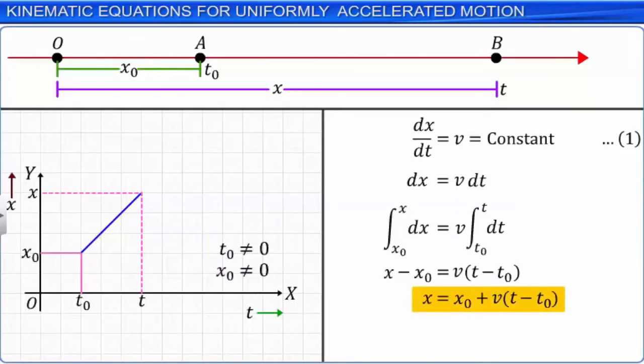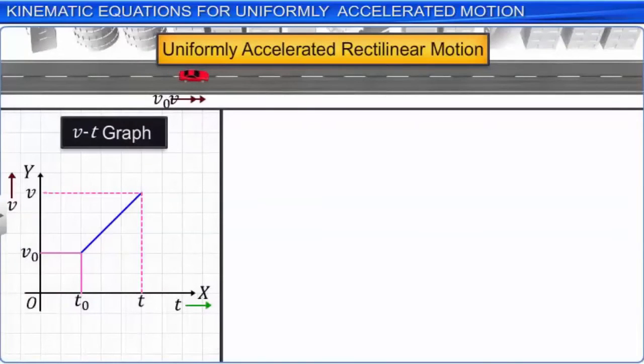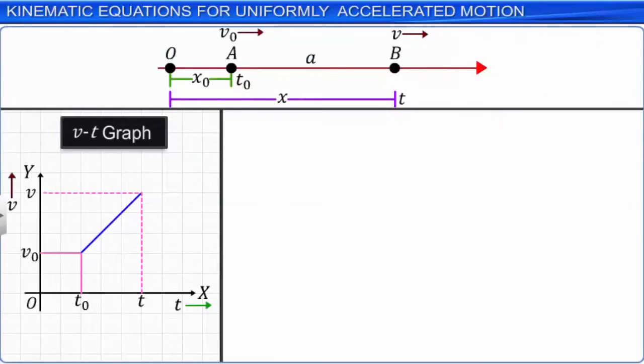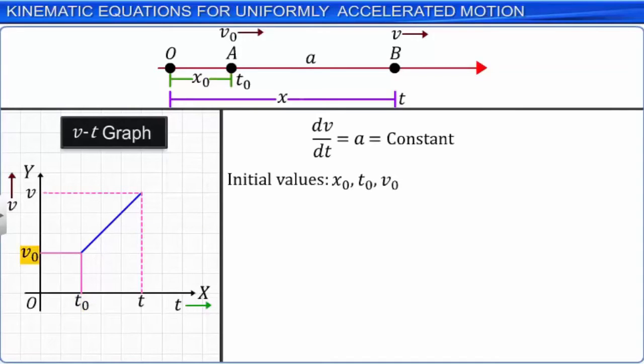Now let's derive equations for uniformly accelerated rectilinear motion. In this type of motion, the acceleration of the particle is a constant, dv by dt is equal to a, which is a constant. The initial values are x0, t0 and v0. Similarly, the final values are x, t and v. dv by dt is equal to a.